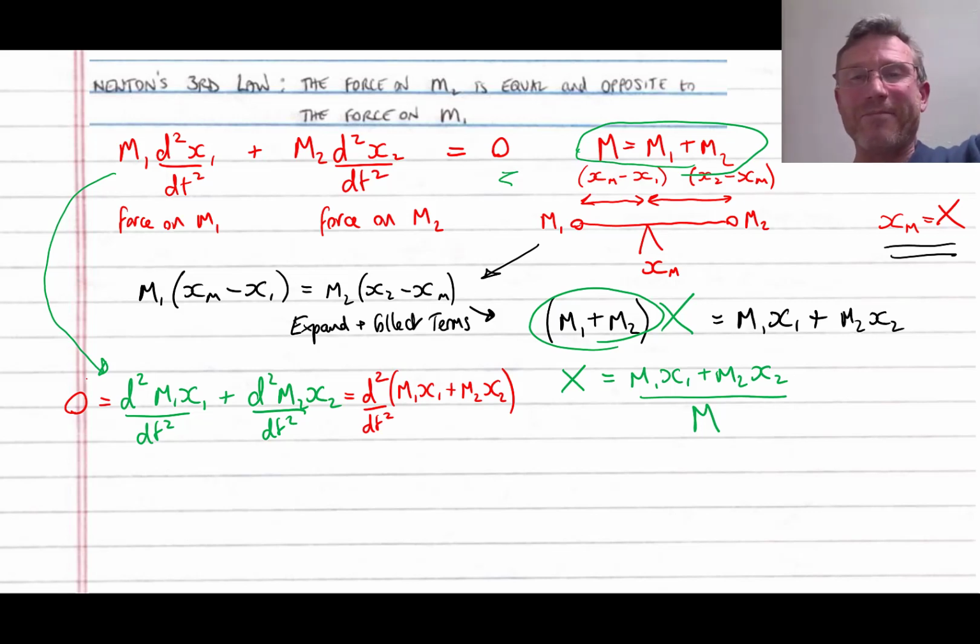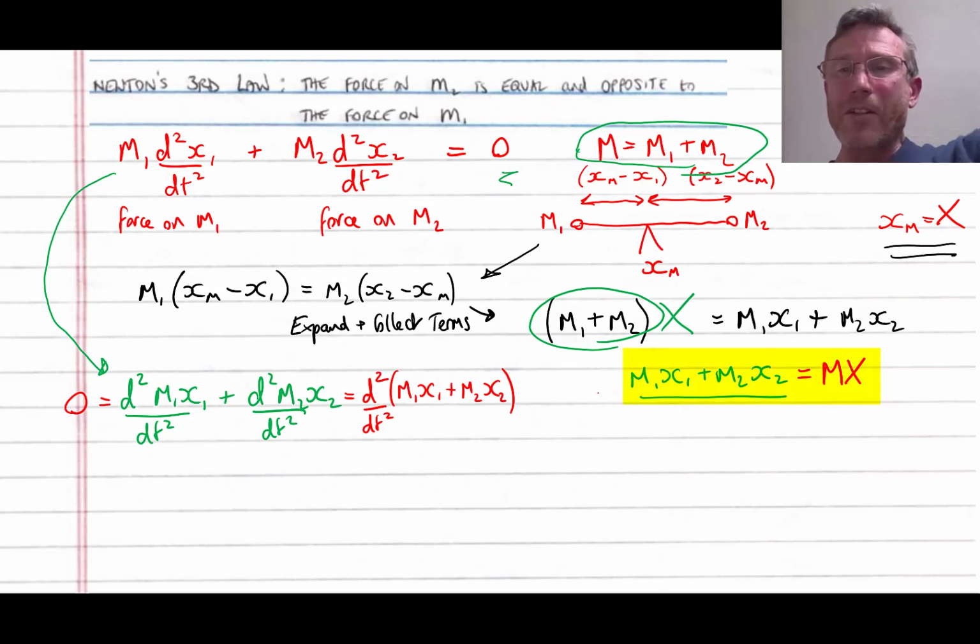What else? Now I'm going to move things around a little bit. I'm going to bring the m over here. Okay, in fact, let's make this easy. Let's keep this all on the right hand side, give ourselves a little bit of space. Okay, so I've got this expression now, m1 x1 plus m2 x2 is equal to capital M multiplied by the position of the center of gravity.